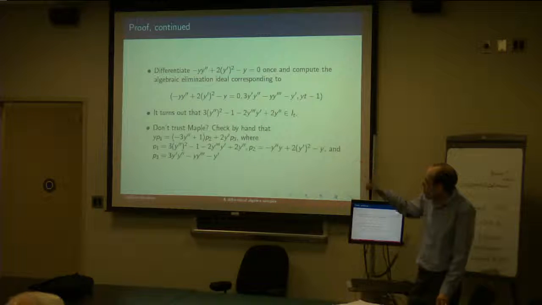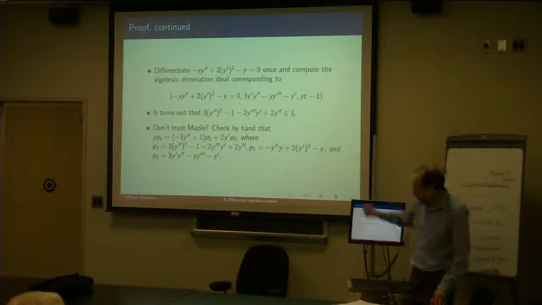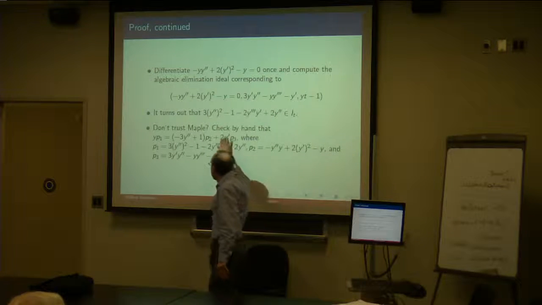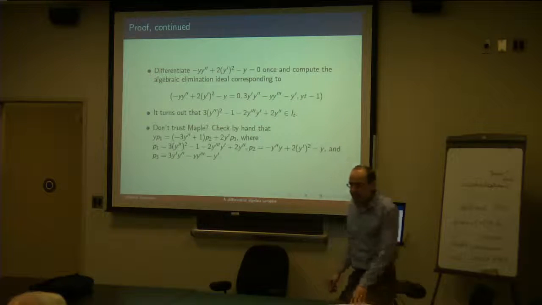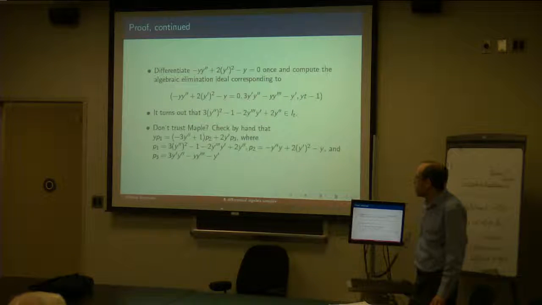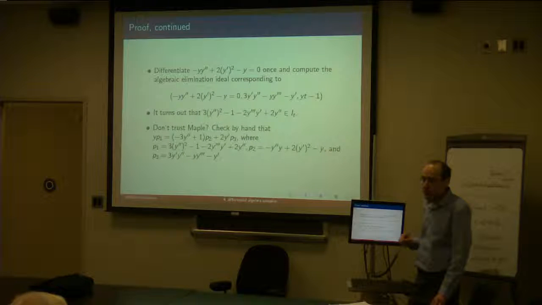I guess the reason is, like I said, that geometrically this equation right here shows that the image is exactly the set of solutions of P1, P2, and P3 all vanishing.